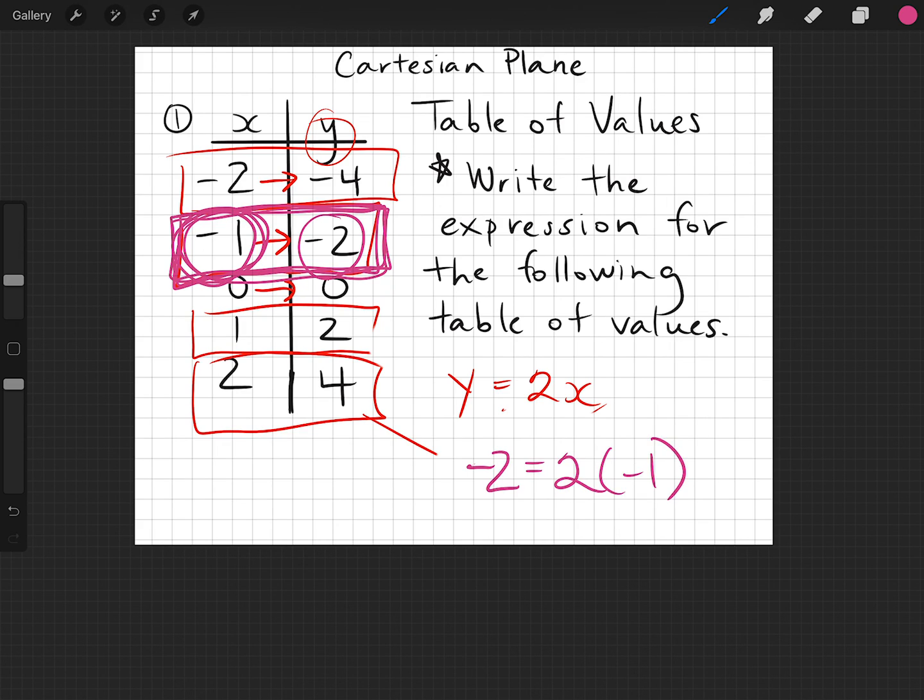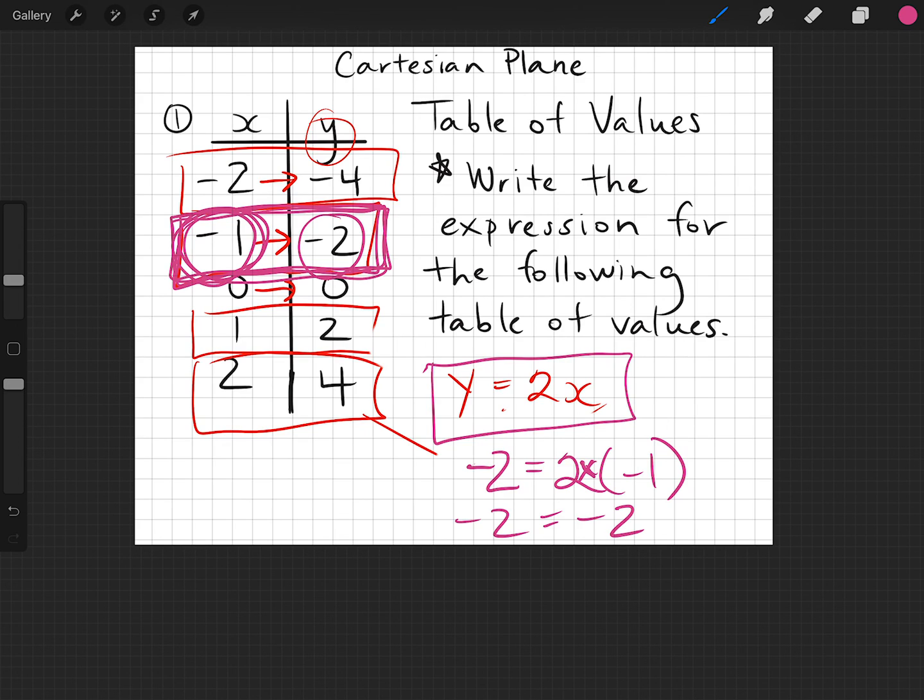Times -1, or you can put a times, like a multiplication sign here too. I just put brackets. It's the same thing though. And what's 2 times -1? When you multiply a negative and a positive, it's a negative, and 2 times 1 is? -2. So does this work? Yeah. So we found the expression for this table of values.